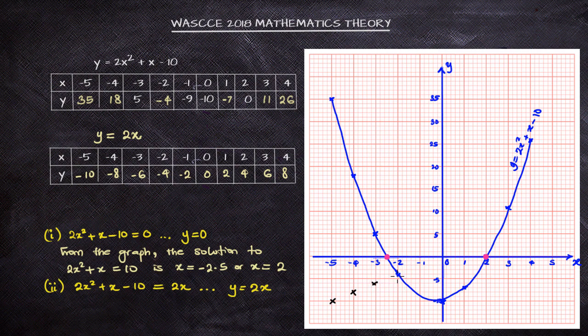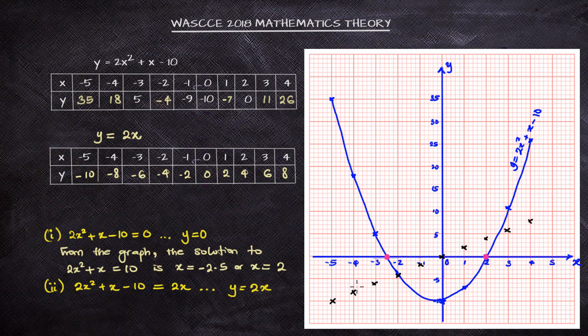When x is minus 2, y is minus 4. Okay. Minus 1, minus 2. And correctly, no intercept, 0 and 0. And then 1 and 2. 2 and 4. 3 and 6. And 4 and 8.